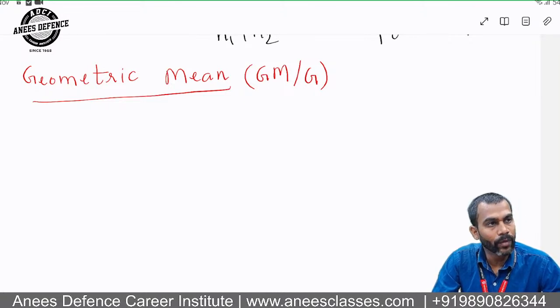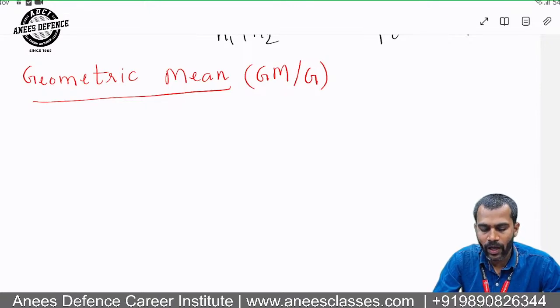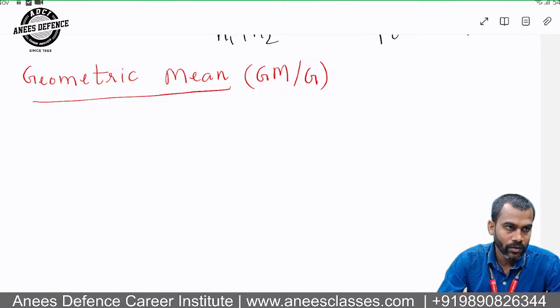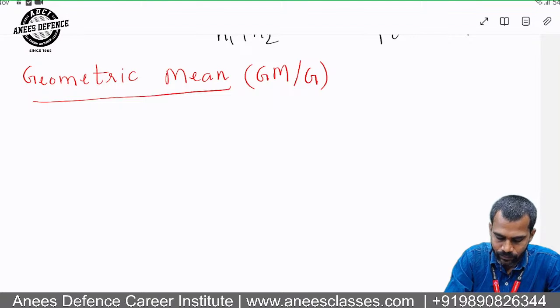Similarly, here we have to multiply all the observations and the power should be 1 by n. That is the nth root of the product of all the observations. So we will have two formulas. One is for ungrouped or discrete data, and the second is for frequency distributed, or grouped, data.